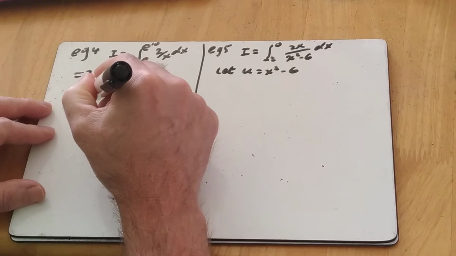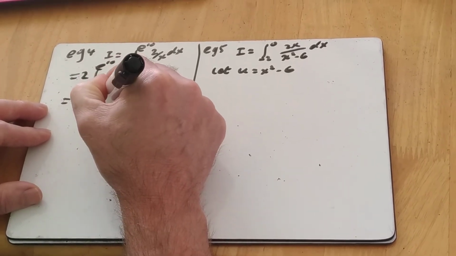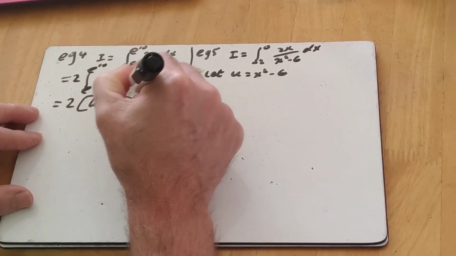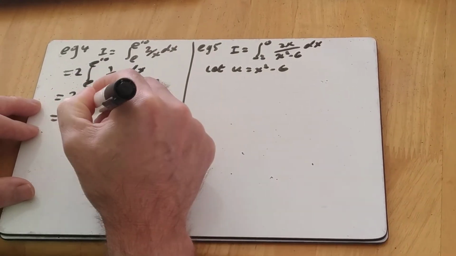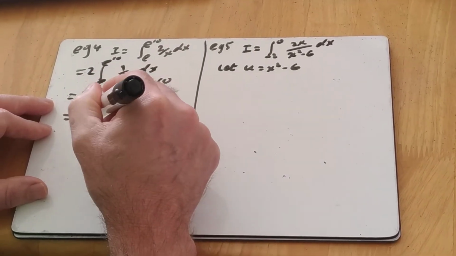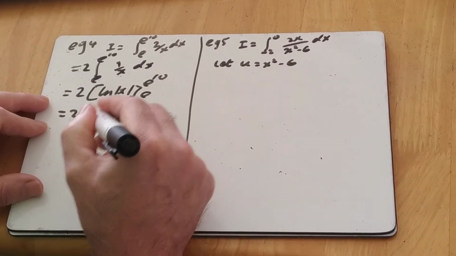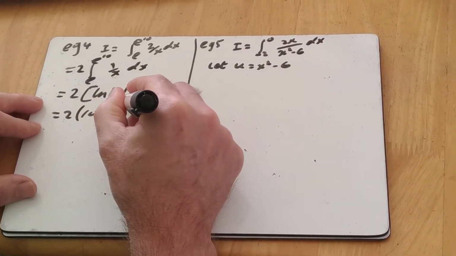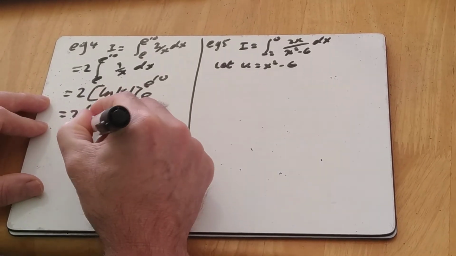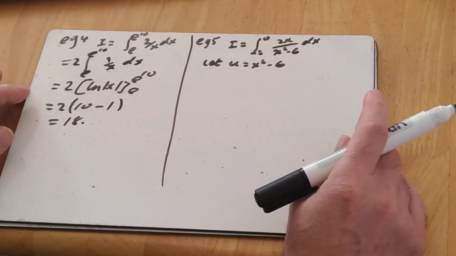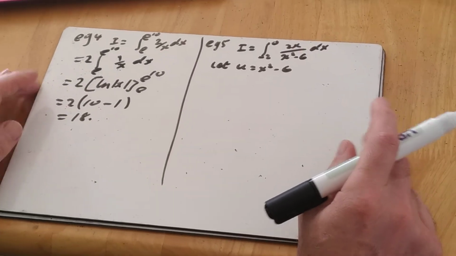So I get 2 ln mod x between e to the power 10 and e, so it's 2 ln of e to the 10, minus ln of e, so 10 minus 1, 9 times 2, 18. So that's the answer to that question.